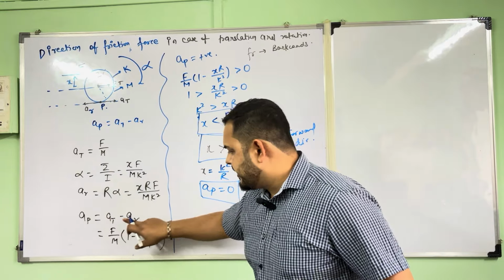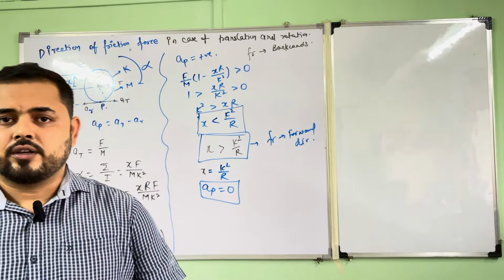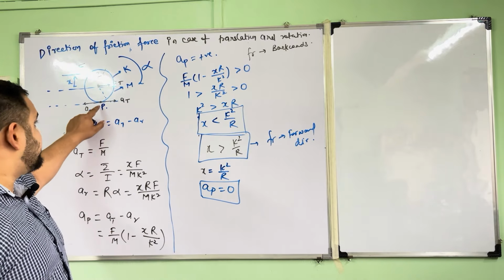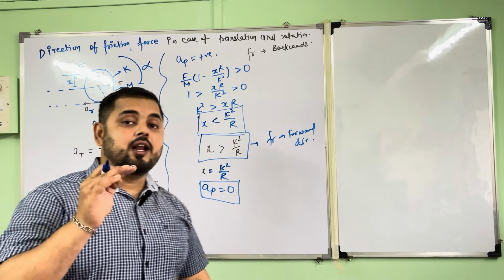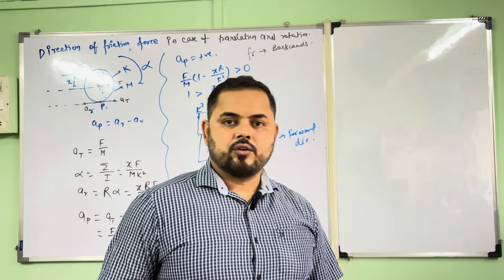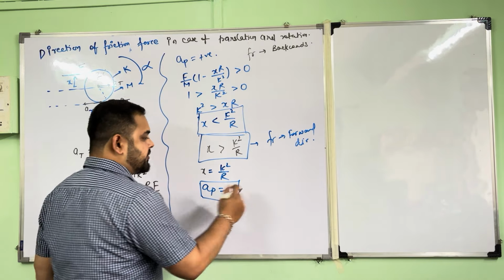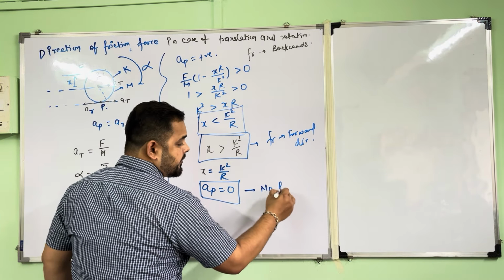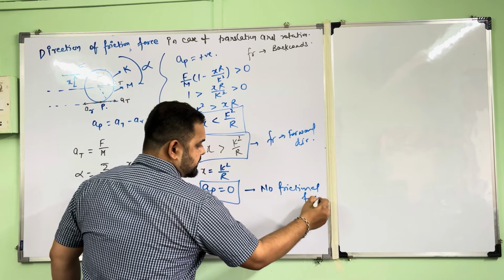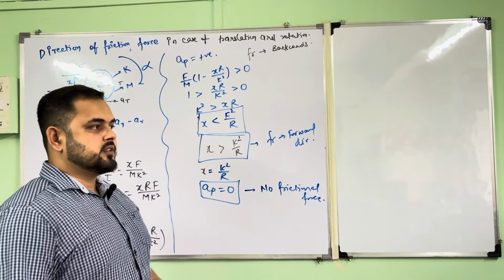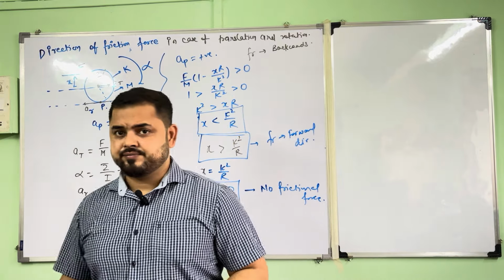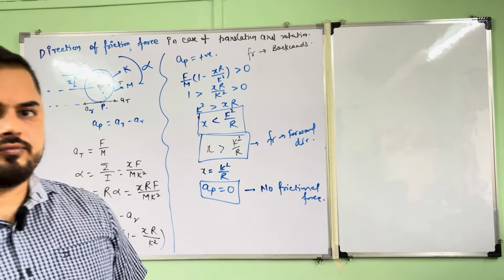That means there will be no frictional force. Both the accelerations are balanced and the point of contact will act like the imaginary center. So AP is 0 means no frictional force. The point P will act like IC and it will start rolling at the point of application of force.